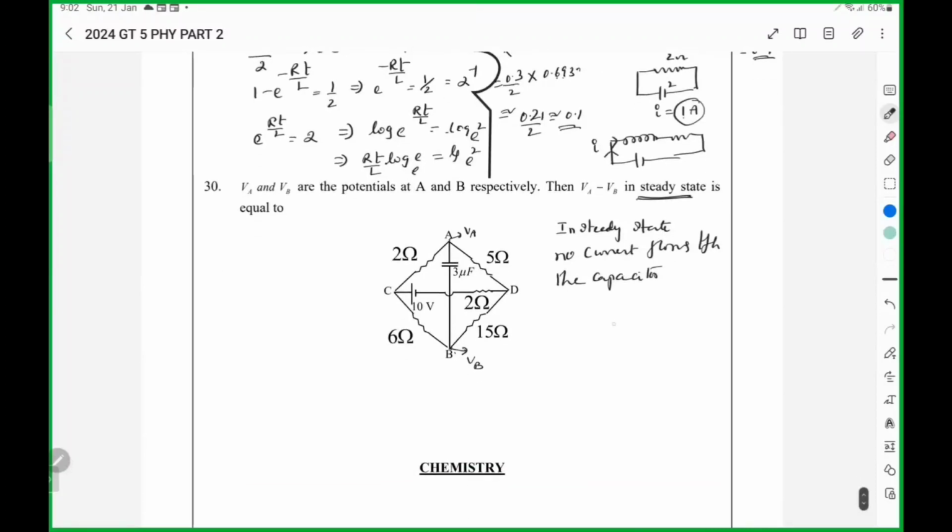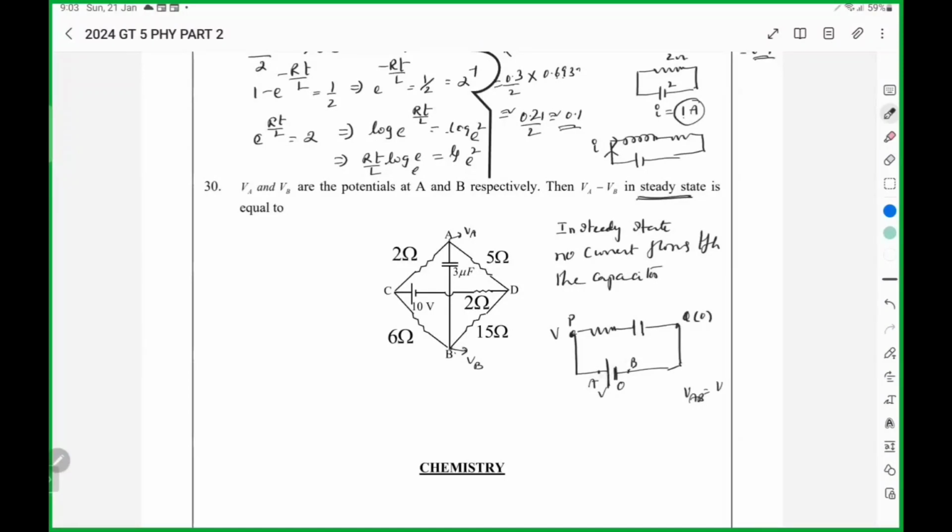Suppose here I consider one resistor as well as a capacitor in the circuit connected to the battery. Suppose the battery potential is V, so let us take it as 0 and V. At this point also, because there is no resistance, at P the potential is V, at Q the potential is 0.